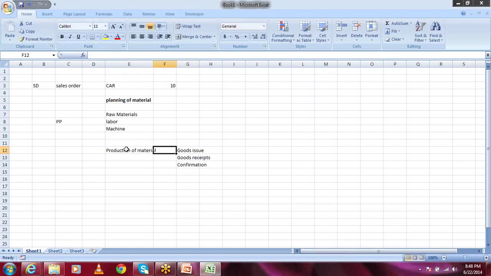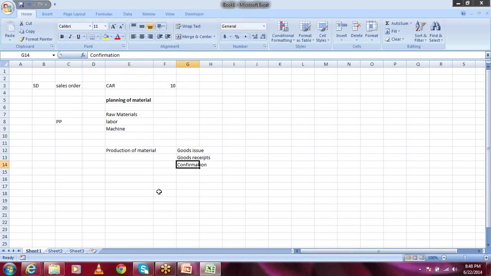This is production of a material. GI means the raw materials you used to manufacture a car; that consumption is called goods issue. Goods receipt means your car manufacturing is goods receipt. Confirmation means the labor and machine you consumed is called confirmation. This is the process in PP.